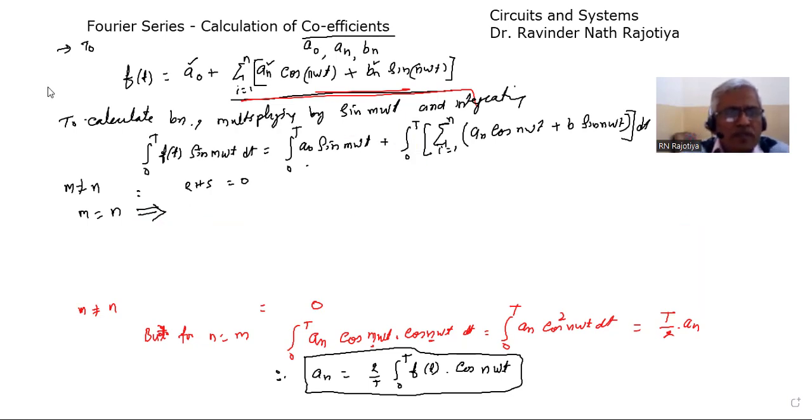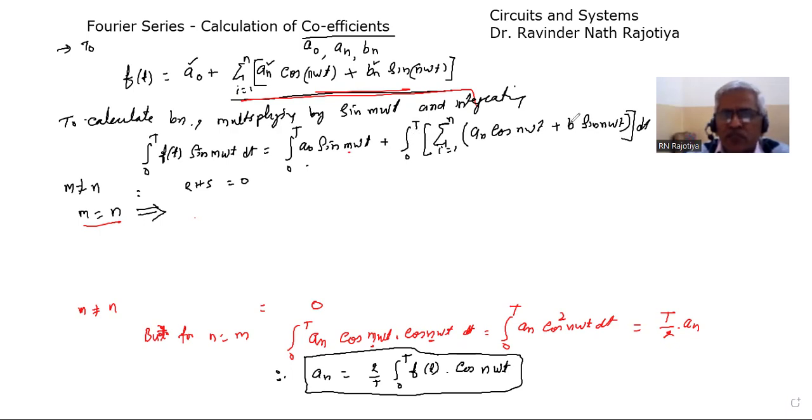So for the condition that m is equal to n, putting m equal to n, of course you have to have a sine function here.